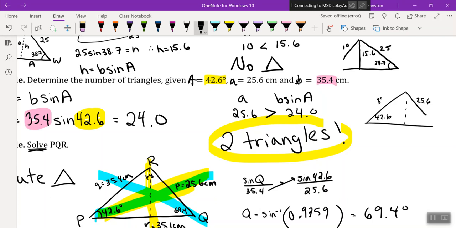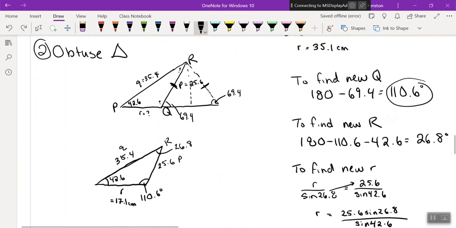And this is your opposite side, 35.4. When you did that, you get 24 as the height. So 24 is smaller, so that means, yes, that is going to touch. It's going to be there, but it could also be over here. So 25.6 could be here or here. You can be in the first triangle, which would be your acute triangle, or you can make that obtuse kind of triangle. And then you'll have to solve for all the sides and angles.